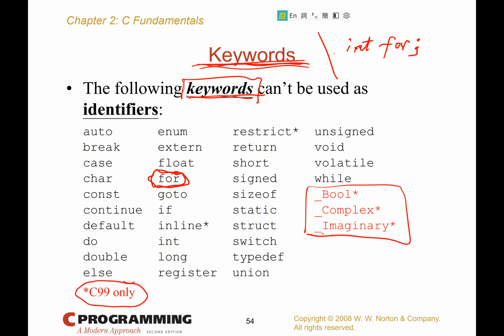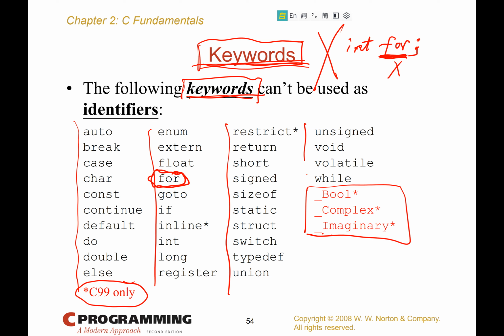This is not allowed in C because for is a keyword. It has a special meaning, a special purpose in C, so you cannot use for as a variable name or as an identifier. You will see most of these keywords throughout this class, and you should learn how to use these keywords.